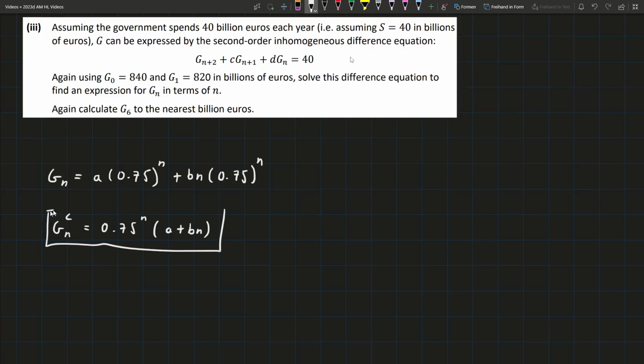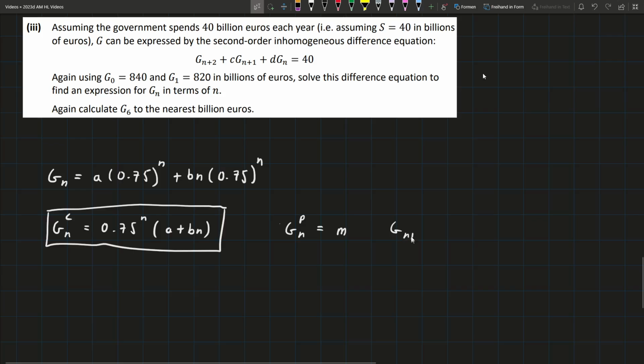It's not the full solution. And then our particular solution, sorry, is what I meant, is just going to be some constant, which we already have a d, so I'm just going to call it m, because m tends to be one that they use for constants. And then we need to get this for n plus 1 and n plus 2, so that we can sub it back into our original equation.